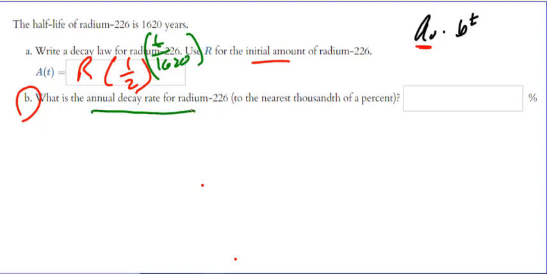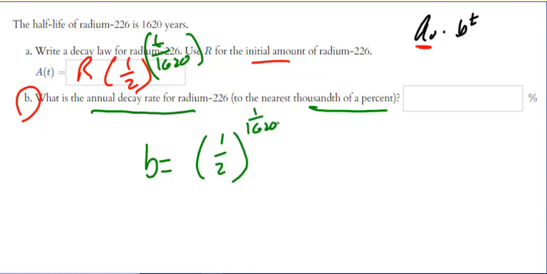Now, what is the annual decay rate for radium-226 to the nearest thousandths of a percent? Well, this is where you're going to see what I was talking about, equivalent base. So the base is going to be 1/2 raised to the 1 over 1620, if we want a true base that takes into account half-life over 1620 years.